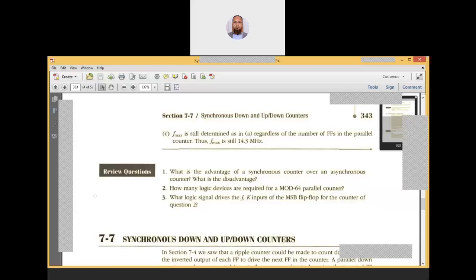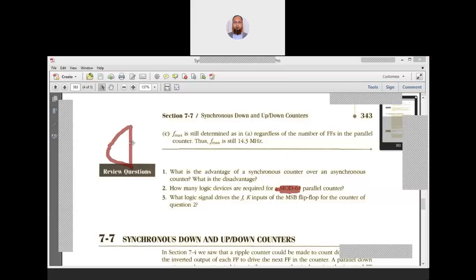Okay, so if we are making a mod 64 counter, a parallel counter, what will be the logic of the final flip flop?